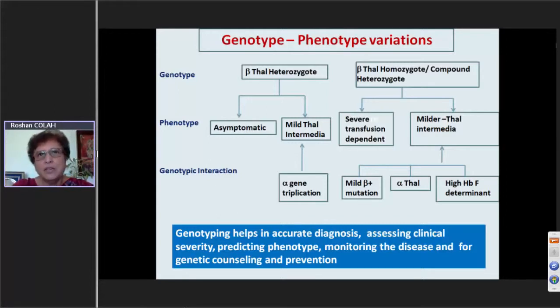And these thalassemia intermedia cases could be due to inheritance of a mild beta mutation, or co-inheritance of alpha thalassemia, or co-inheritance of a determinant which increases the fetal hemoglobin level. So genotyping ultimately helps us in arriving at an accurate diagnosis, assessing what the clinical diversity or severity is, to predict the phenotype, to monitor the disease, and for counseling and prevention.